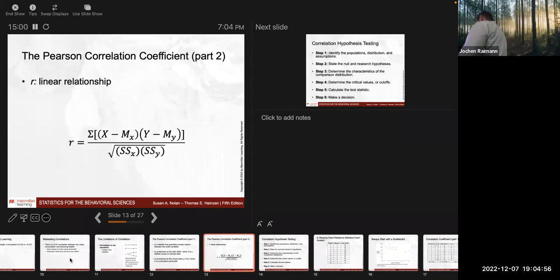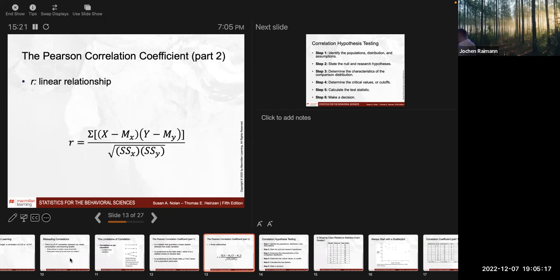So the Pearson correlation coefficient, this formula looks more complicated than it actually is, because essentially, like all the other equations we've looked at, it's basically a ratio. You have a numerator and a denominator. Let's focus on the numerator.